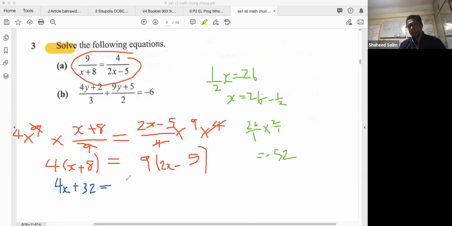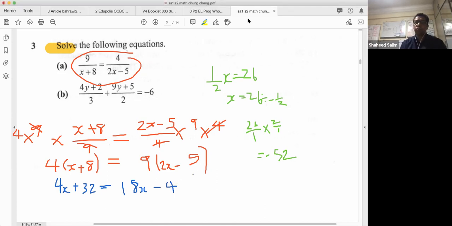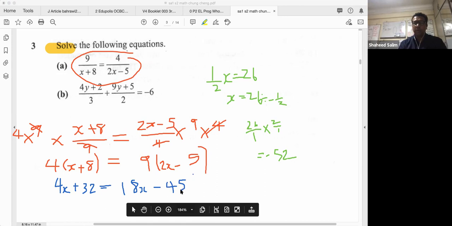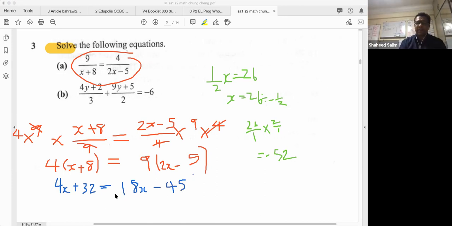Equals to 9 times 2x, 18x. 9 times 5, 45. Then what do I do? I do not want to bring this 18x there because it becomes minus 18x.